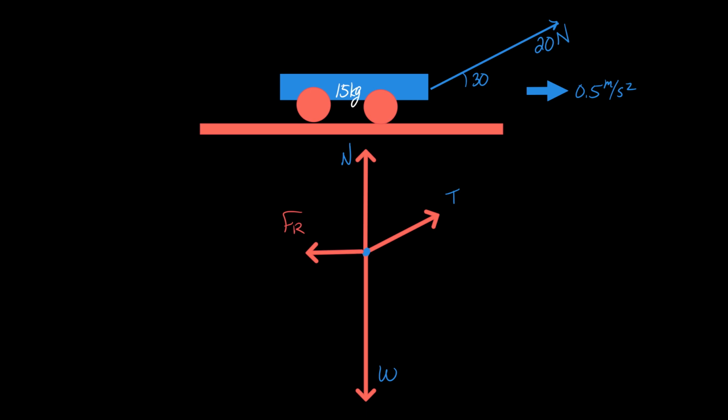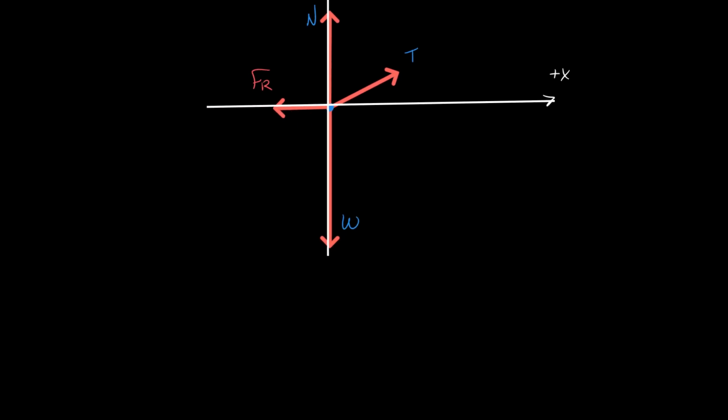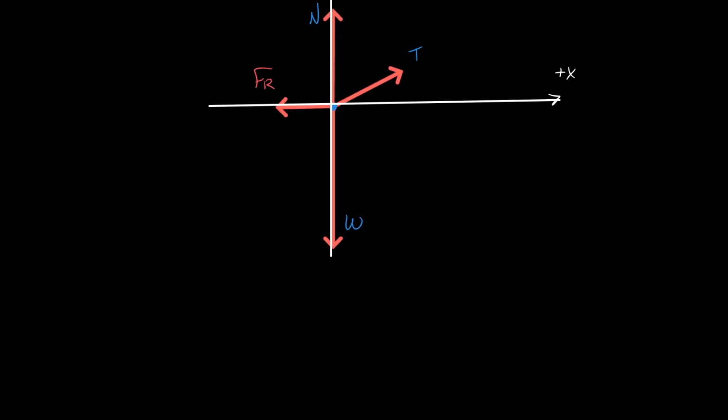But I don't think the 20 newtons at any angle is going to lift off a 150 newton wagon. So I think we're okay to assume it's going to stay on the ground. So I'm going to make a coordinate system that is lined up with the direction of the acceleration. That will be this way, the positive x direction. And that will force the other coordinate system to be lined up in the y direction, like so. So positive y, negative x.